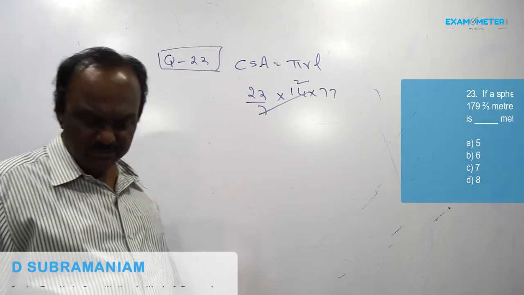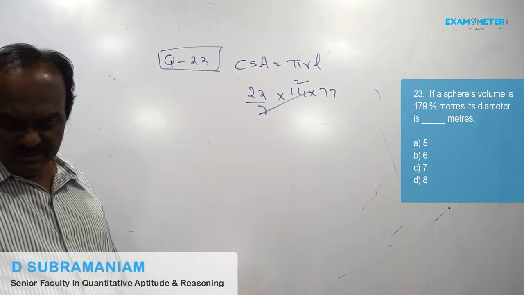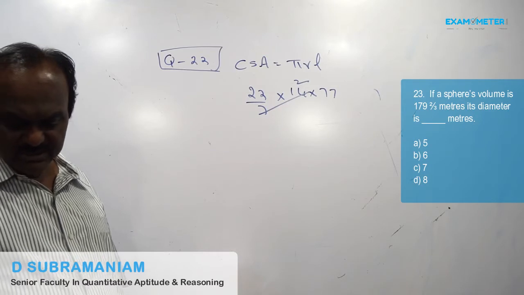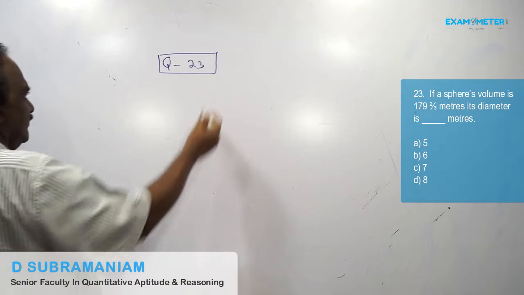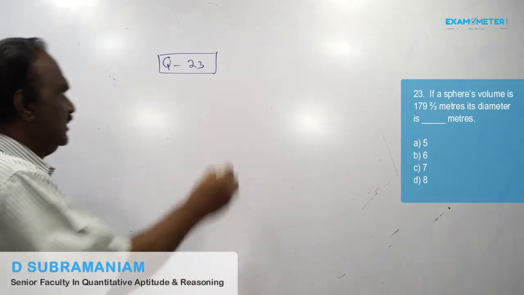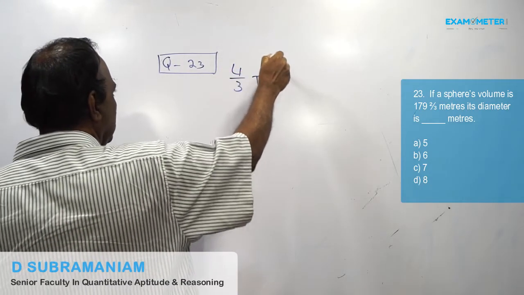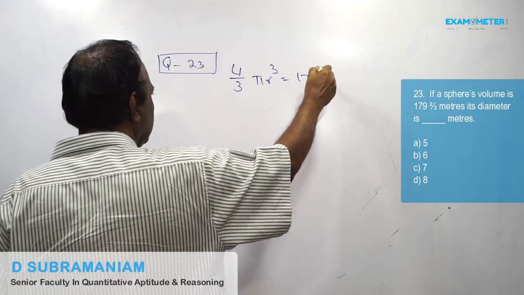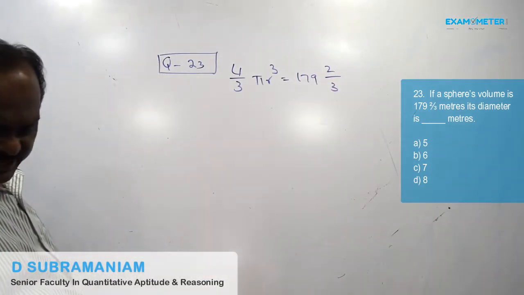Question number 23. If a sphere's volume is 179 2 by 3 meters, its diameter is how many meters? Volume of a sphere. Formula is 4 by 3 pi r cube. This is given as 179 2 by 3.